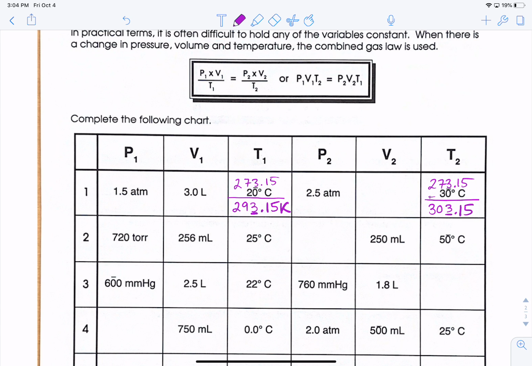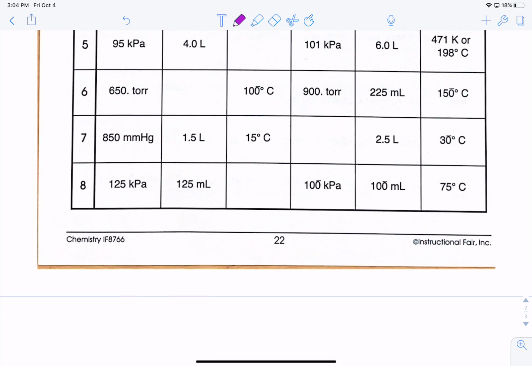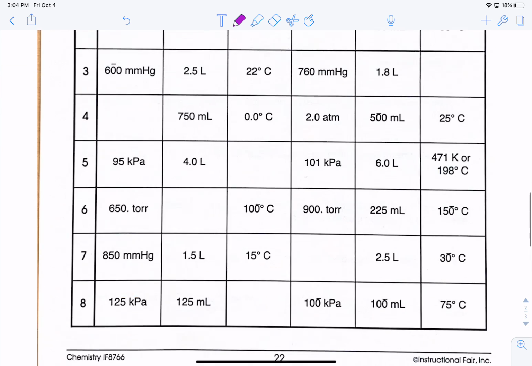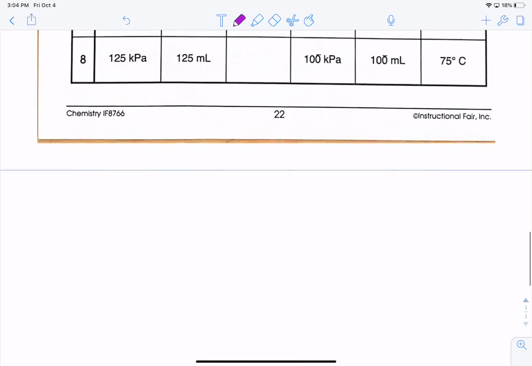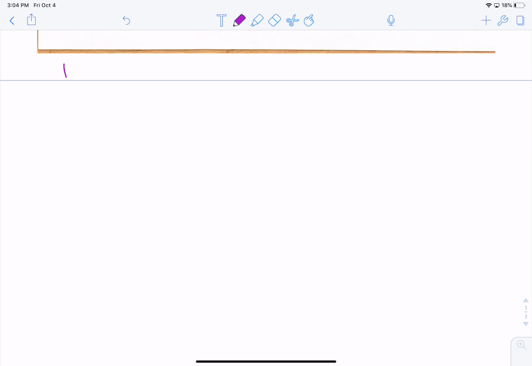So on your separate sheet of paper, let's go ahead and solve our very first combined gas law problem. You just add 273 to those temperatures. I just converted it. So let's go ahead and write our combined gas law. This is on your binder paper.